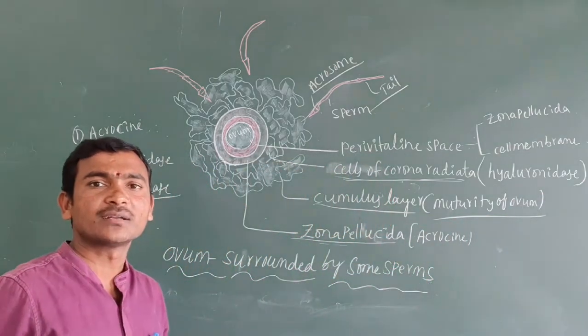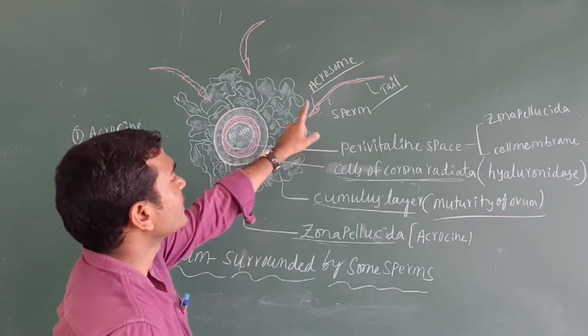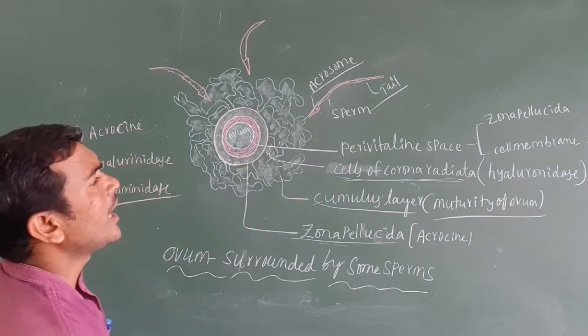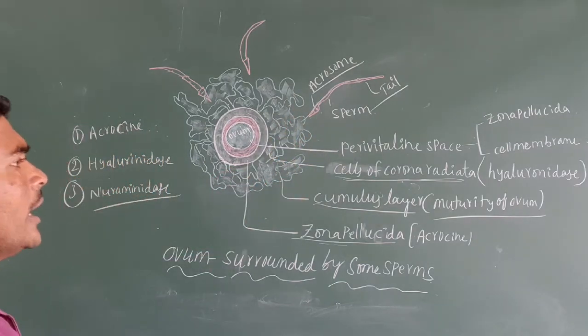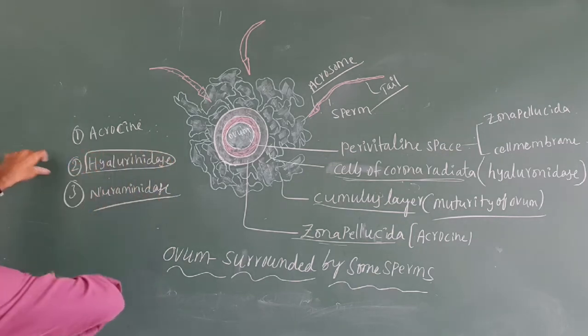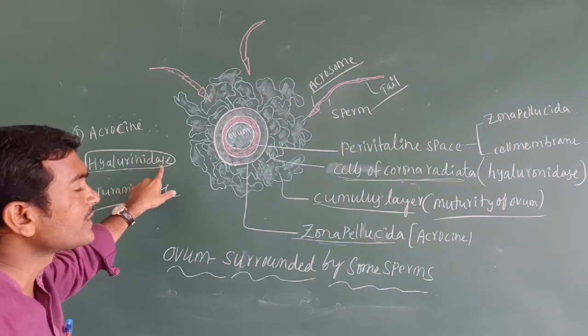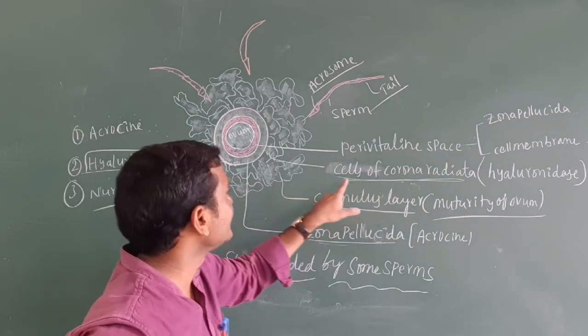Now in the acrosome, the first thing released is an enzyme, sorry, enzyme, not hormone. We will discuss the hyaluronidase enzyme. What is the work of the hyaluronidase enzyme?